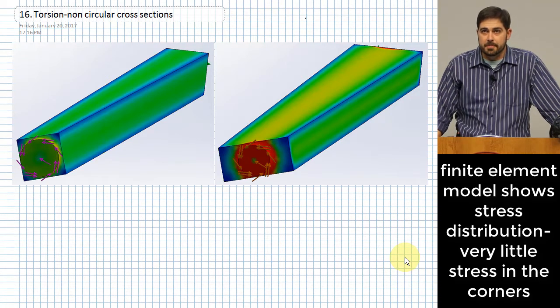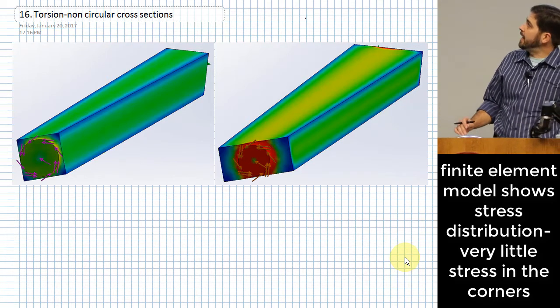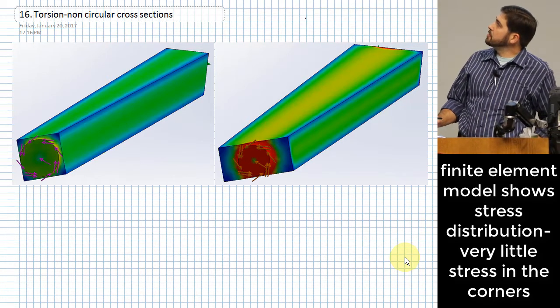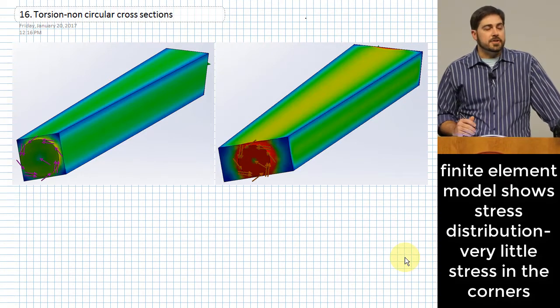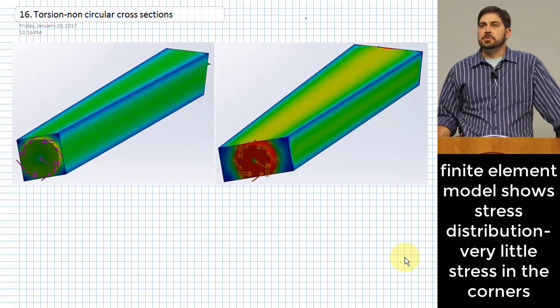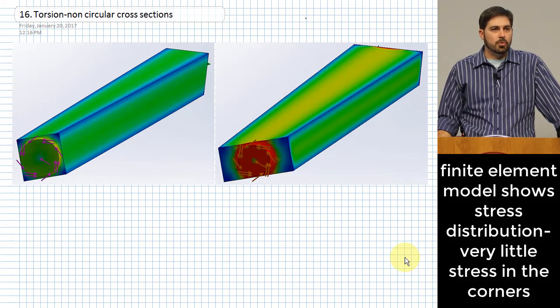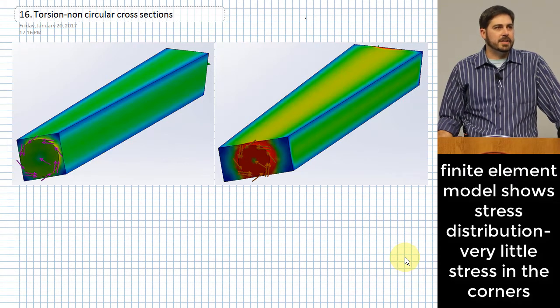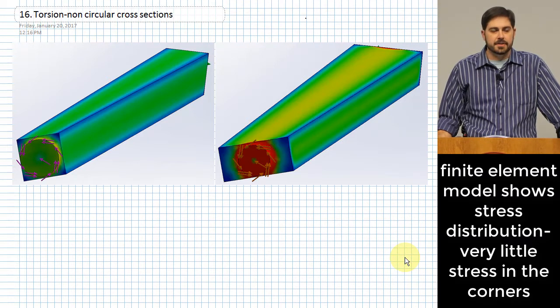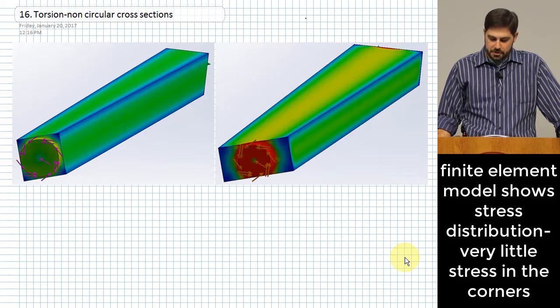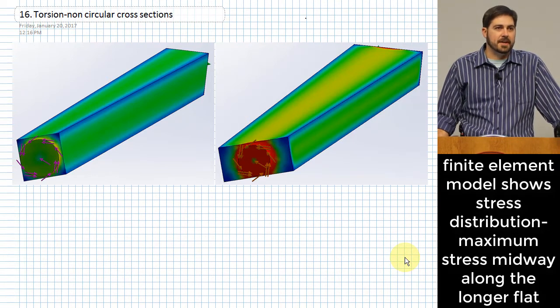What you see up there is that the coloring shows, where it's blue along those edges, an area of relatively low stress. So you go out to the corners of a square or rectangular cross section, and there's a lot less stress in those corners. Where the stress is maximum is halfway through one of the flat sides, all right?